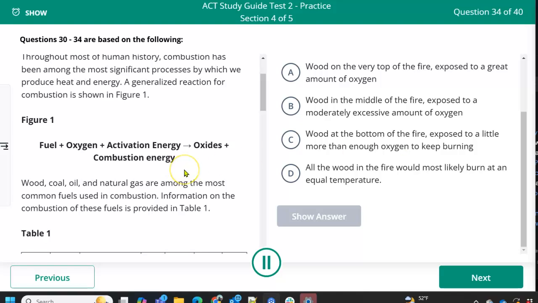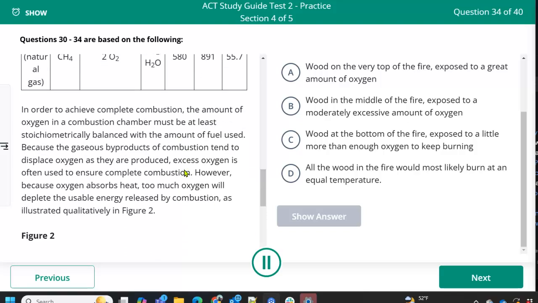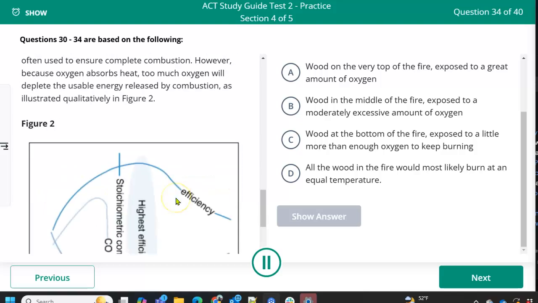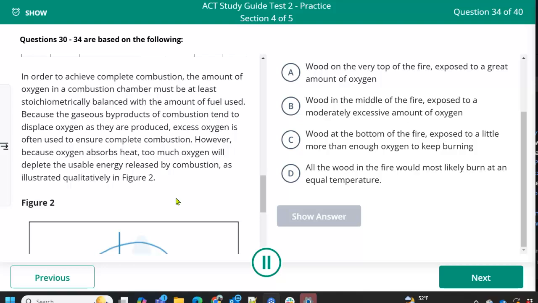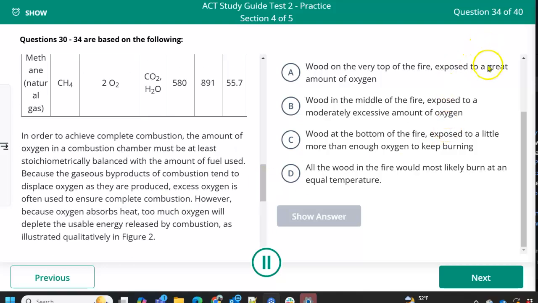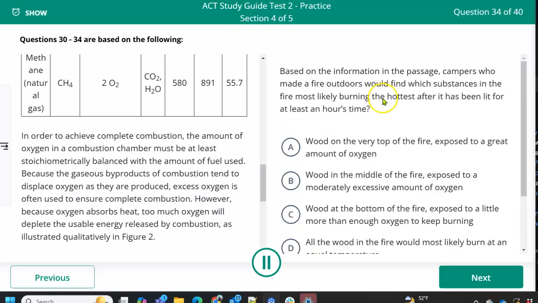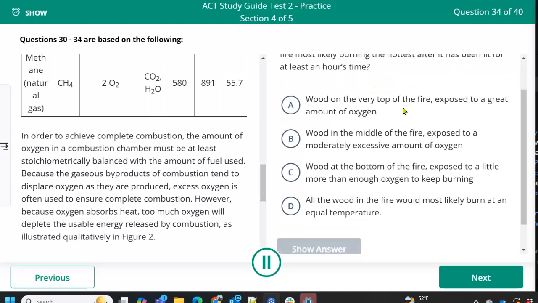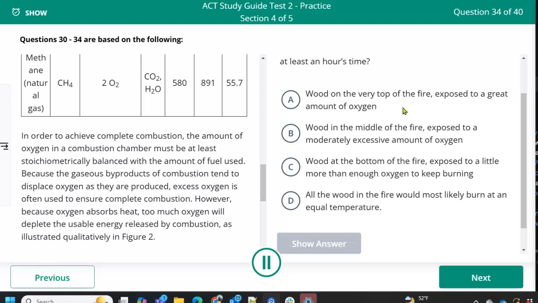So they were very clear about the fact that, where is it? Excess oxygen. Okay, yeah, oxygen absorbs heat. Too much oxygen will deplete the usable energy. All right, good. Exposed to a great amount of oxygen, no, that's not what we want. You want it burning the hottest, so you don't want a lot of oxygen.